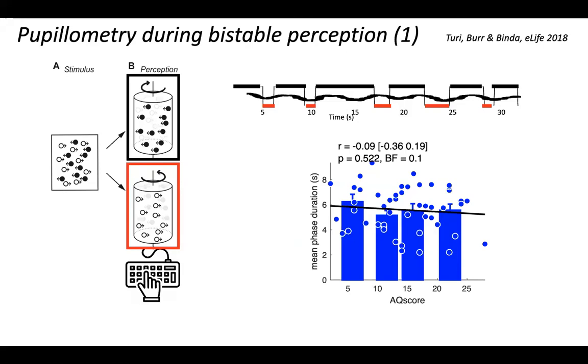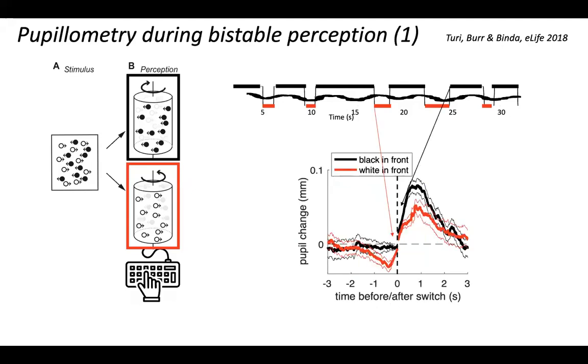However, most interestingly, we found that pupillometry results did show a pattern that was consistent with our predictions. So let me show you how we analyzed them. We took the pupil recordings, the continuous pupil recordings, and we chopped them up into epochs, which were aligned to the perceptual transitions. So when people changed from seeing clockwise to counterclockwise and vice versa.